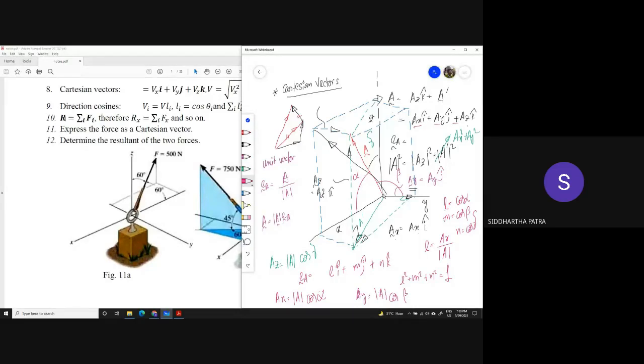That is important. That means once I know the angle between any of the axes and the vector itself, without knowing the angles it makes with the other axes, I can right away determine the Cartesian component of the vector in that given direction.